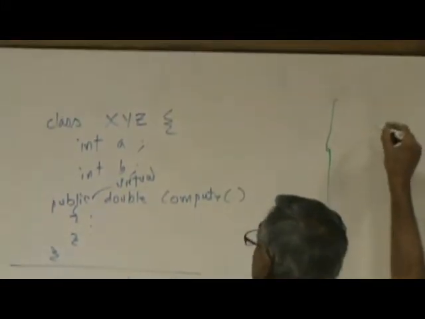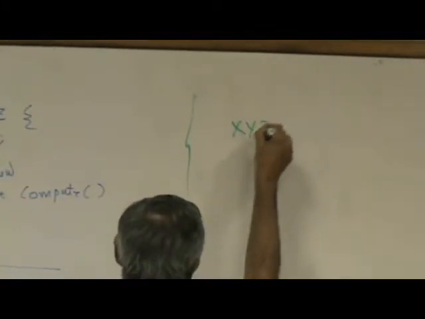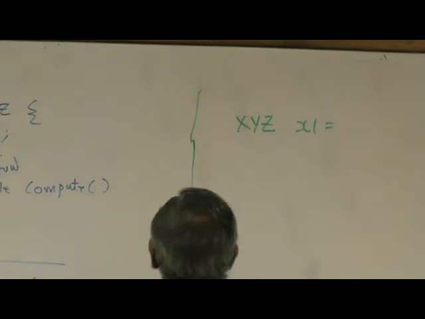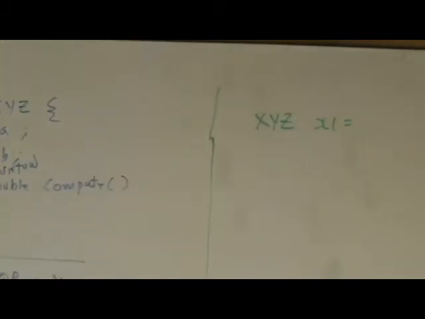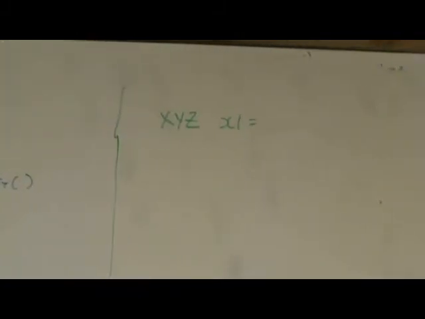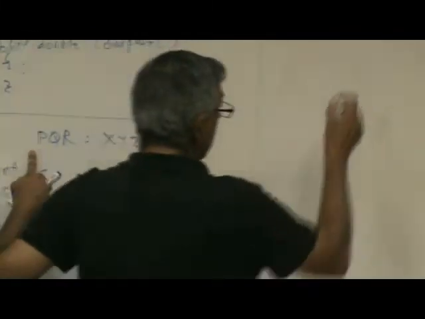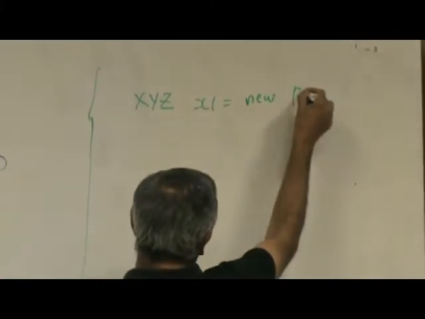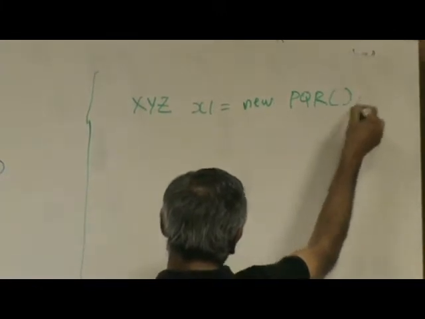Suppose somebody creates one object of XYZ. Okay, however, one reference of XYZ, not the object. However, rather than creating an object of XYZ, they create an object of PQR. So new PQR. First of all, is this legal?